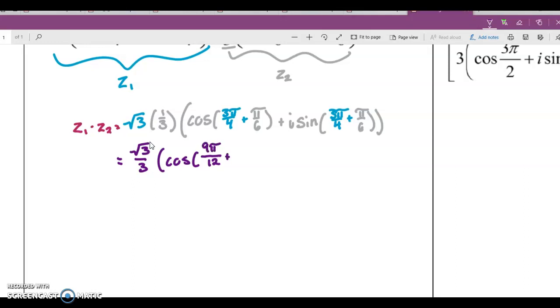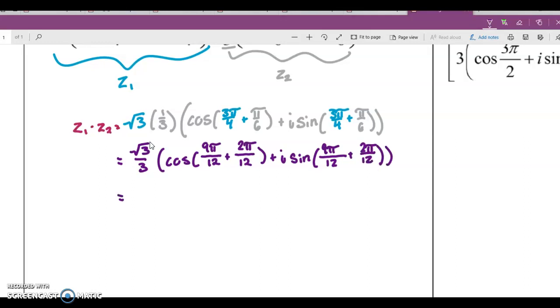And then multiply top and bottom here by 2. So 12 in the denominator and 2 pi in the numerator. And then same thing here, our i stays. Sine of, multiply by 3, 12, and then 9 pi in the numerator, plus 2 pi over 12.